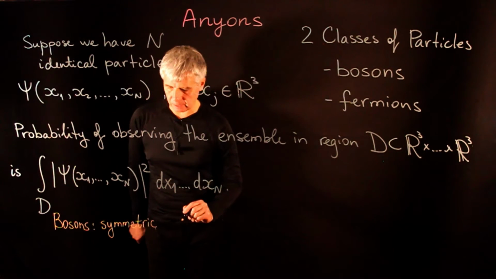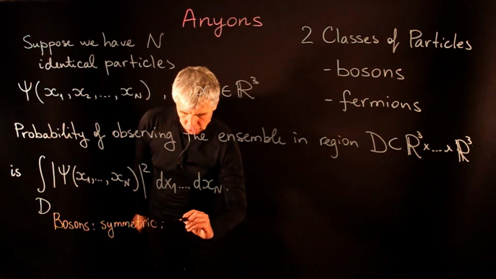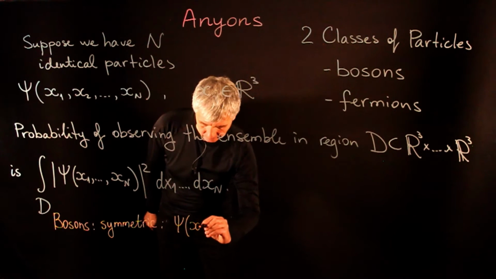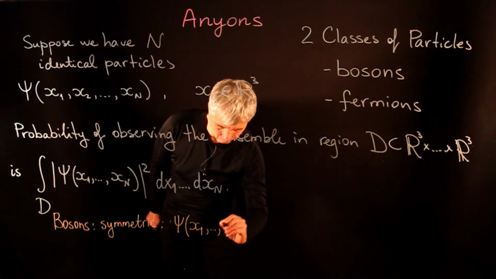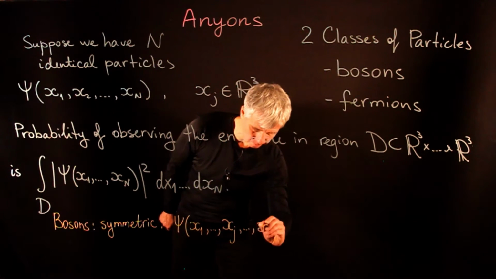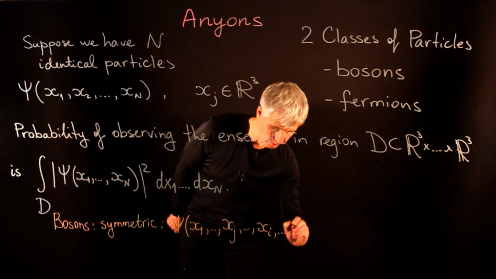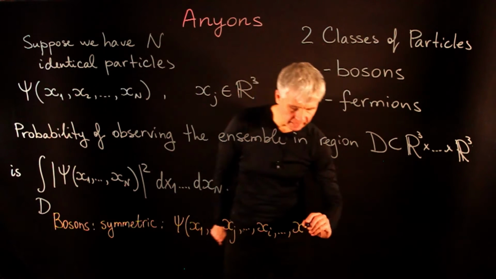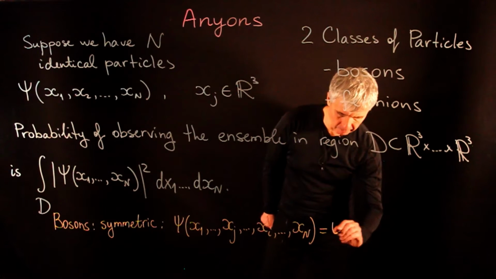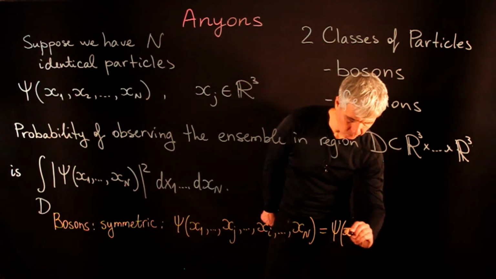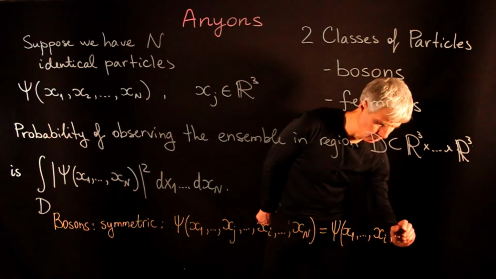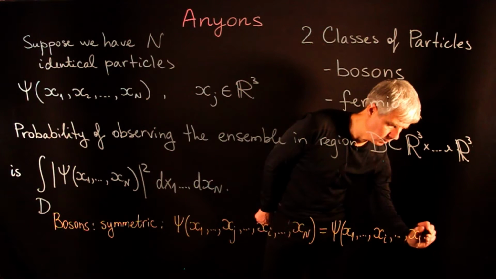So this means that if we interchange any two variables, xi and xj, then the value of the wave function will not change. So it will be the same as psi of x1, ..., xi, ..., xj, ..., xn.